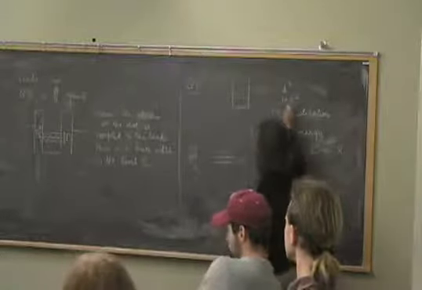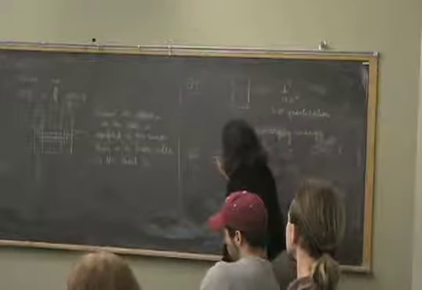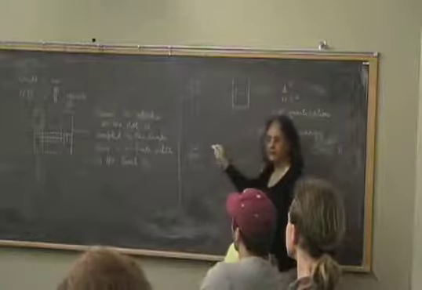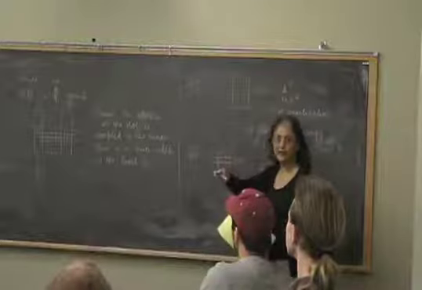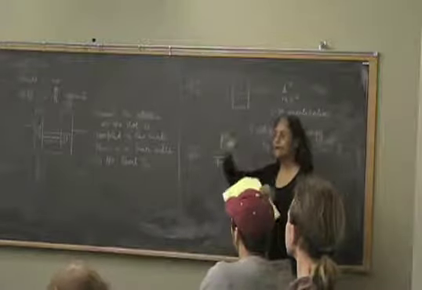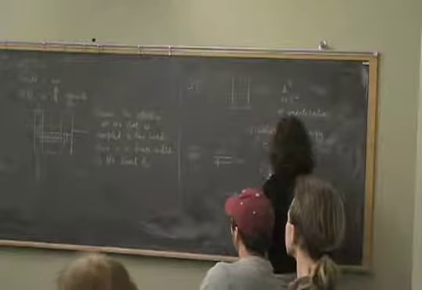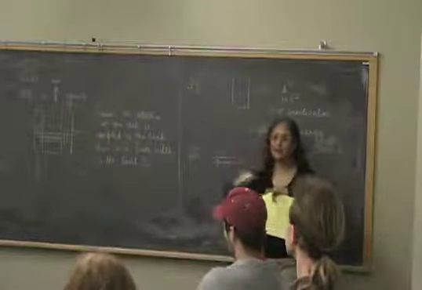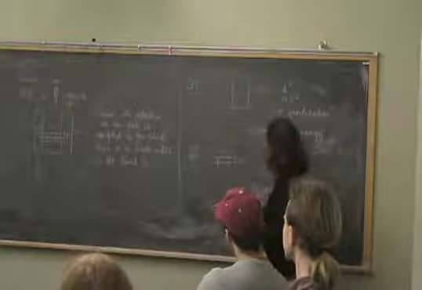And if the dot is a certain size, you have some level spacing, but if I have one electron there, and I try to add another electron, this is a single electron picture. I have to look at now the energy of n and n plus 1. That is different by E squared by EC, which is a much bigger scale than the little scale that was coming from size quantization. Okay, that's what I mean.